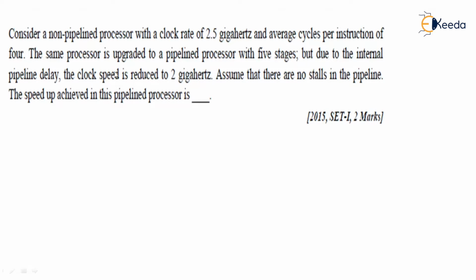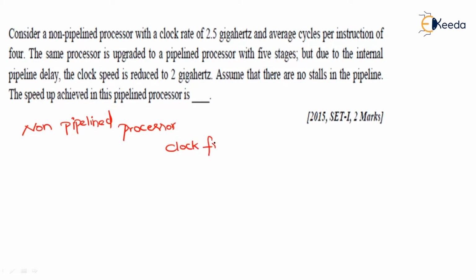Just have a look at this question. A non-pipeline processor with a clock rate of 2.5 GHz. Let us put it this way. Let us consolidate the data. That is, non-pipeline processor: clock rate is equal to 2.5 GHz.